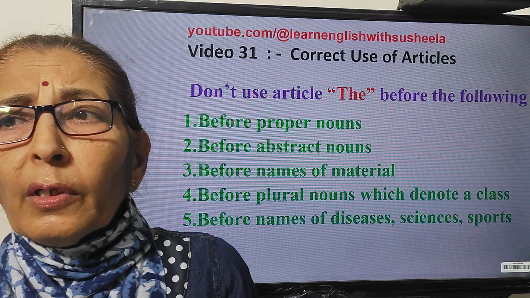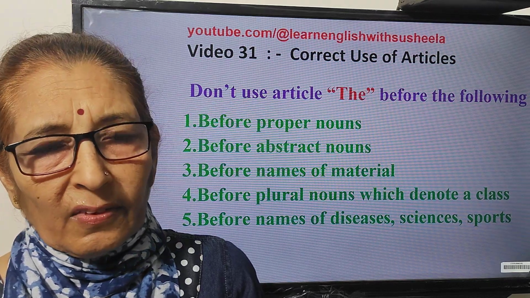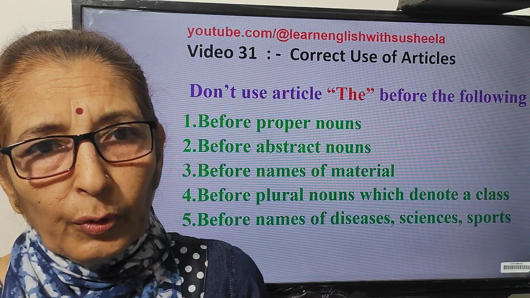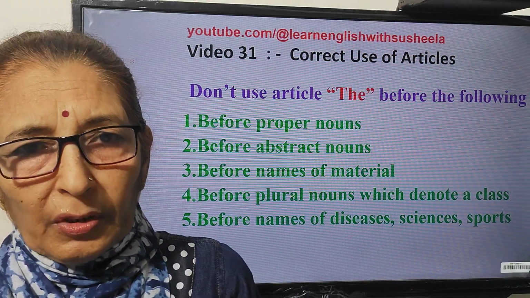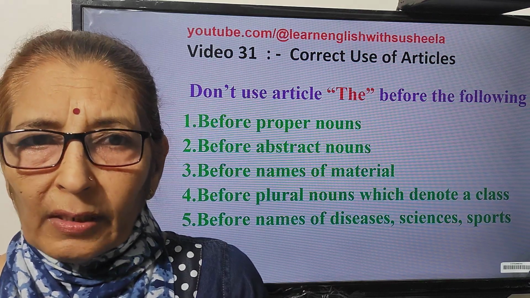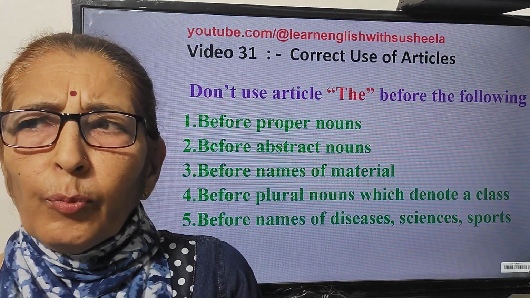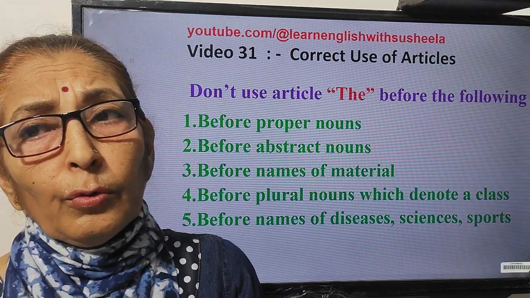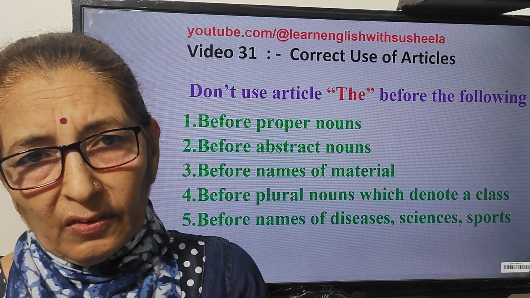Next, before plural nouns which denote a class. For example, poets love nature. We don't say the poets. We say poets love nature. Or we can say lawyers are often clever. So here that plural noun is denoting a class. Then we are not to use the before the names of diseases.